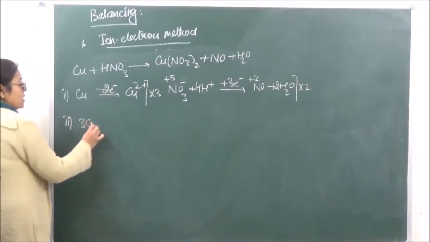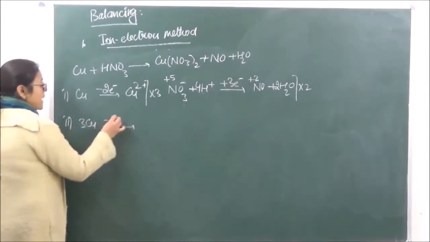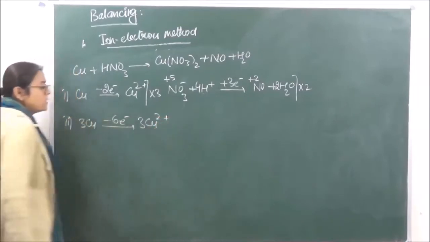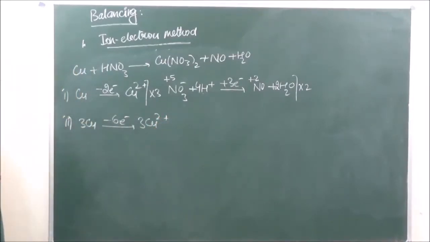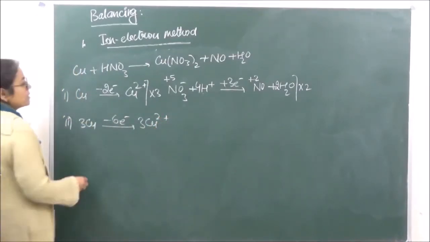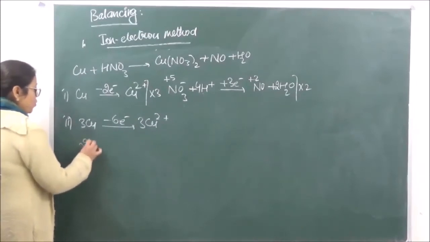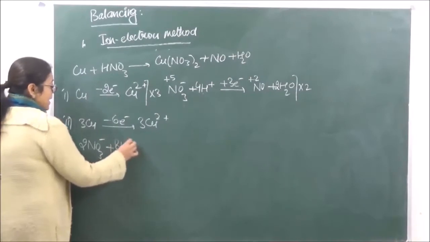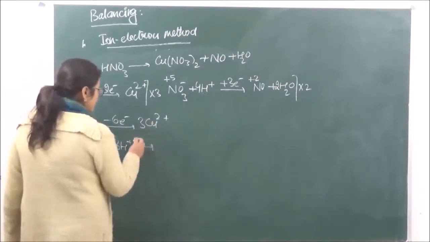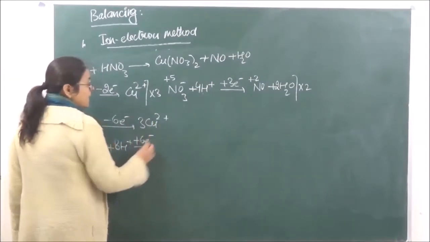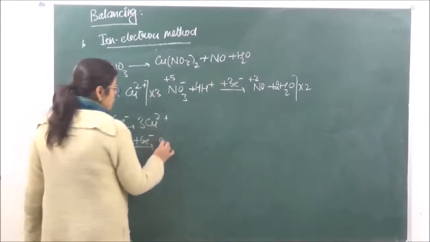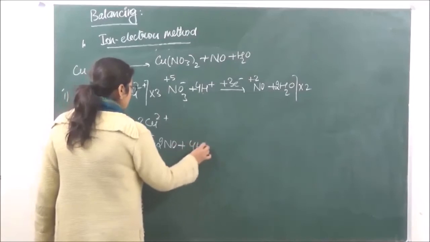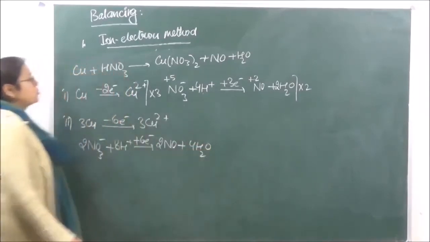We will get 3Cu minus 6 electrons to give us 3Cu2+. ठीक है, और उसको हम 2 के साथ मल्टीप्लाई कर रहे हैं, 2NO3 negative plus 8H positive plus 6 electrons to give us 2NO plus 4H2O.